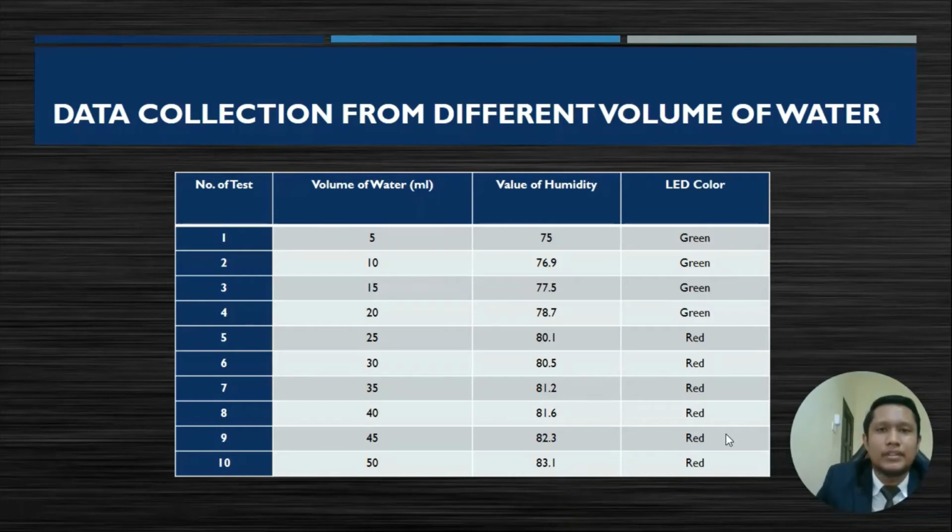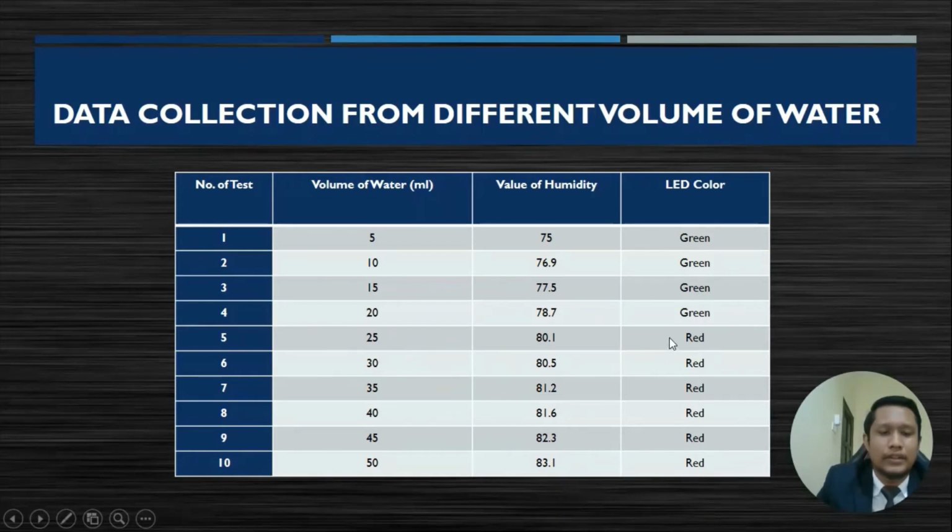I assume that the water is urine. I used from 5 milliliters until 50 milliliters, and the humidity value rapidly increased, and the LED color will turn red after 80% humidity. The value of 80% and above appears when the volume of water is more than 25 milliliters.